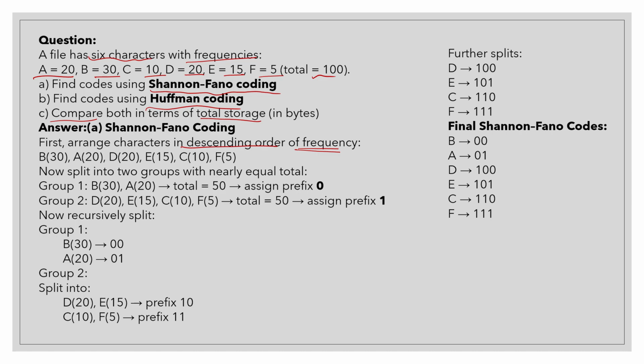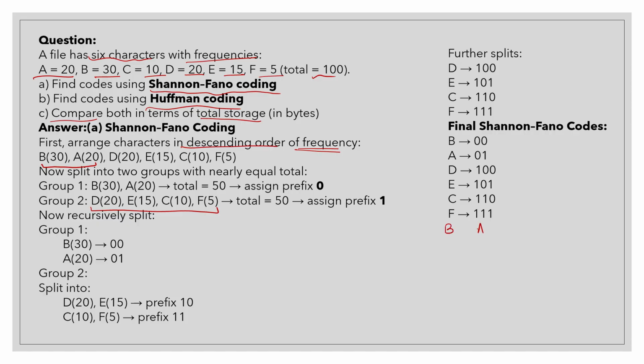Now try to group them. 30, 20, group them. Then you have group 2. I'll explain it by making the graph because that will be more clear.